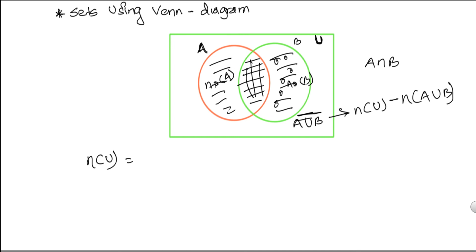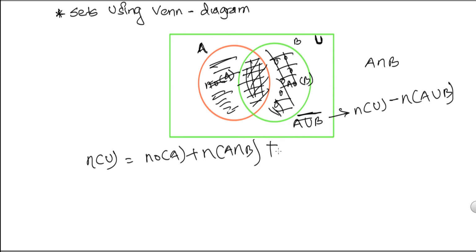So we have 4 items we have to add in order to get U. Our first item is n not A. The next item is this one, n A intersection B, whereas this region is n not B, whereas this region outside is known as n A union B complement.